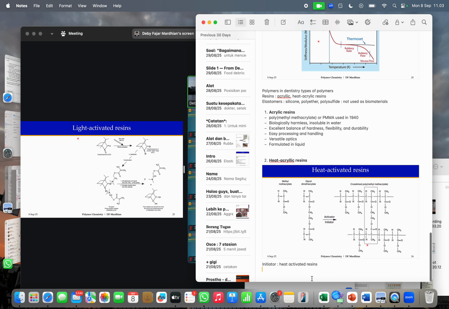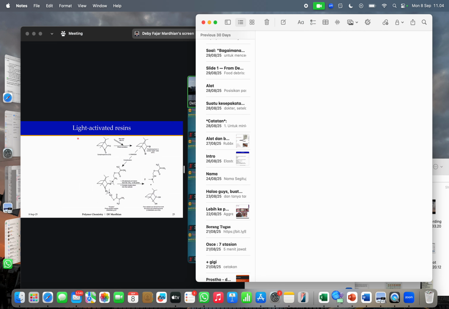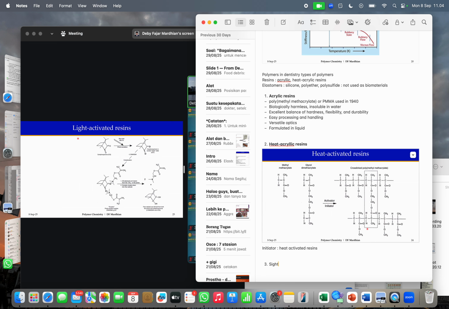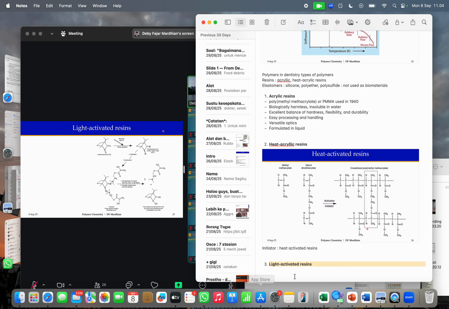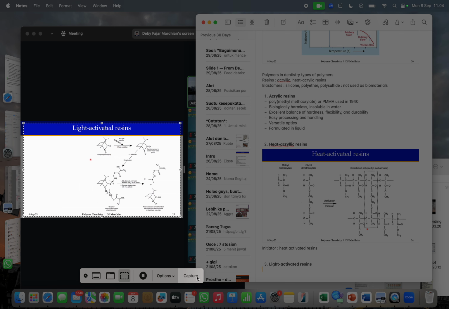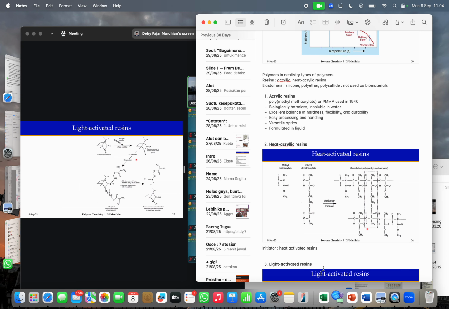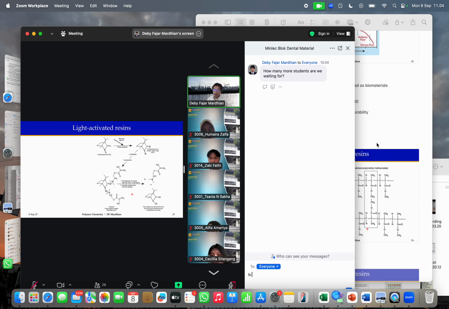So second is light activated resin. I remember Cecil mentioned a lot about this light activated resins. We have camphor quinone here as the initiator, which is activated by light. So the camphor quinone will then attack the DMA to create complexes, which further create chain reactions of polymerization.